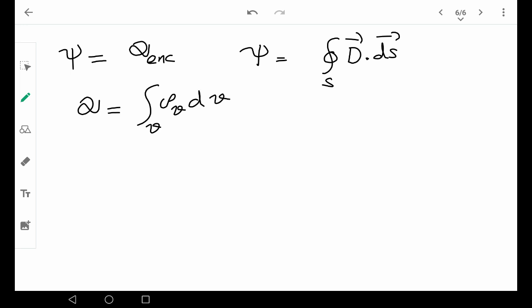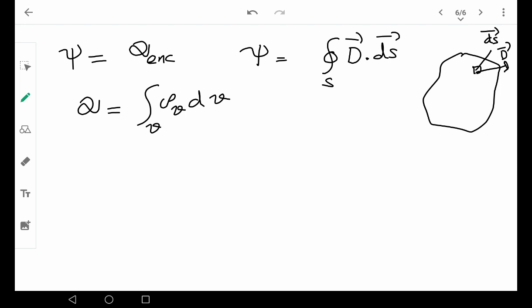dv, isn't it? So suppose you have a closed surface like this, and a small elemental area vector dS, and suppose D is the vector going like this. You integrate that D over the whole surface to get the total flux.